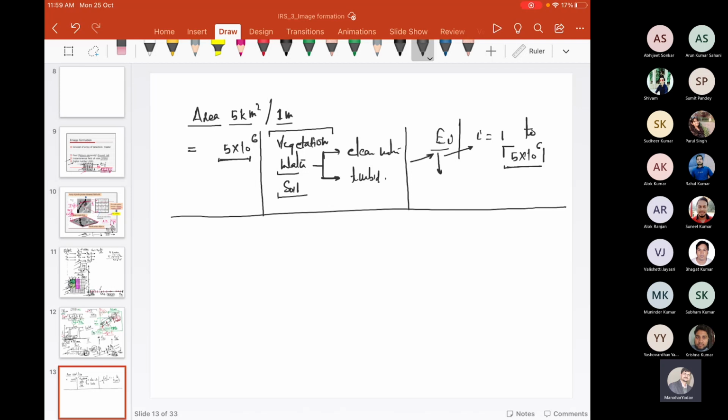It can be solved like 2 to the power n minus 1 less than 5 into 10 to the power 6 less than or equal to 2 to the power n.